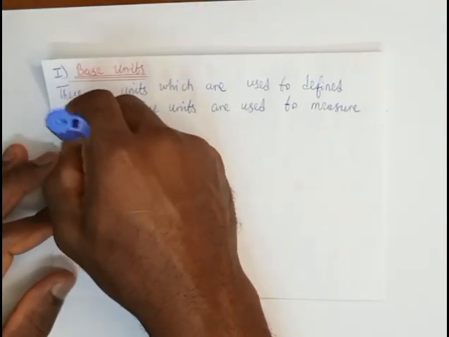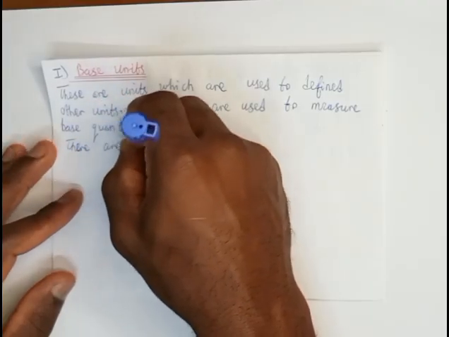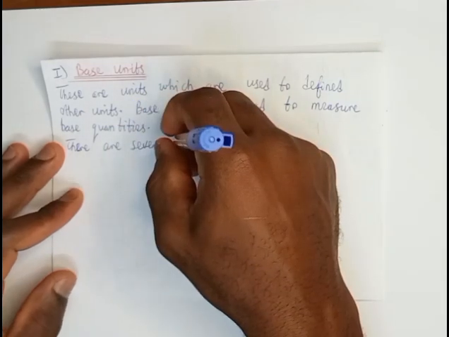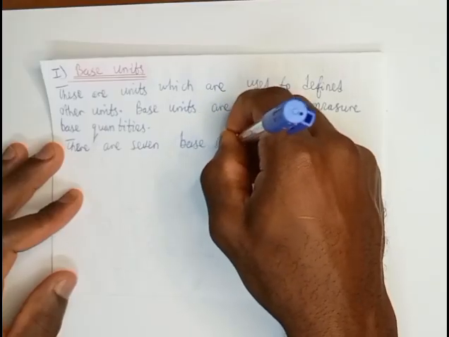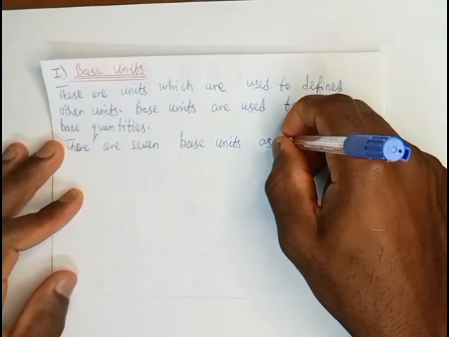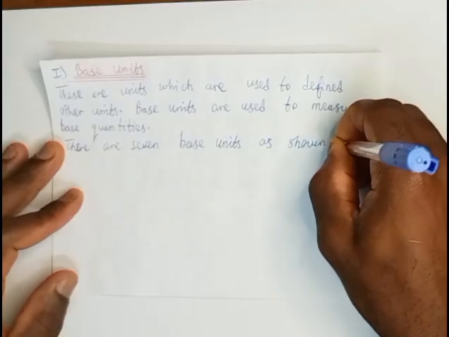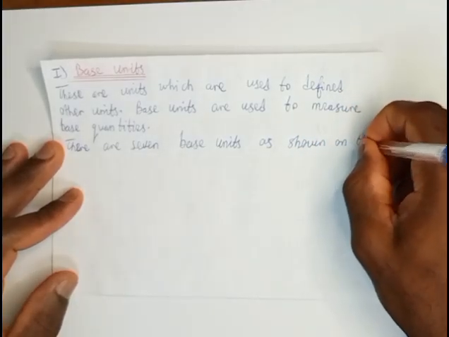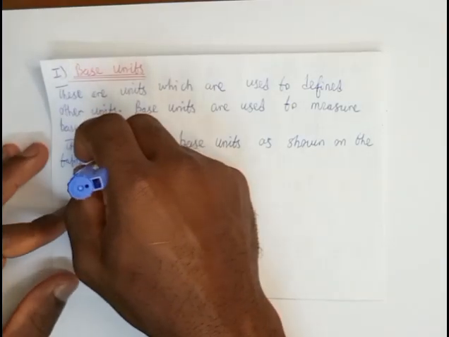There are 7 base units as shown on the table below. There are 7 of them.